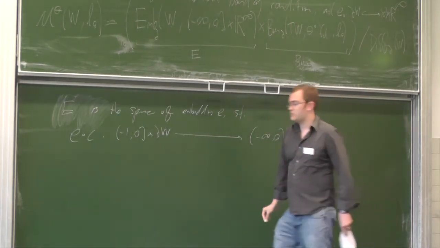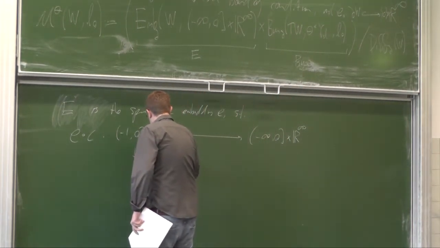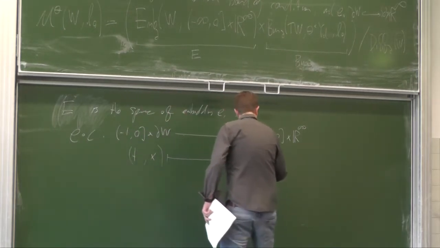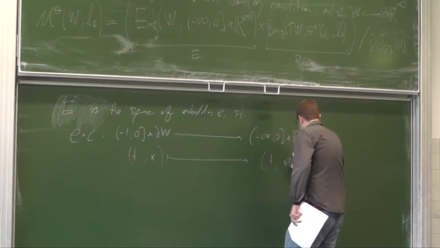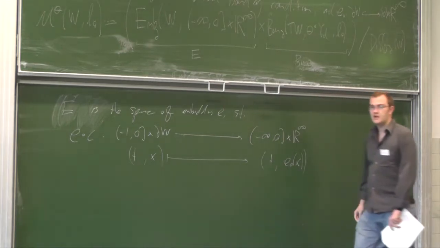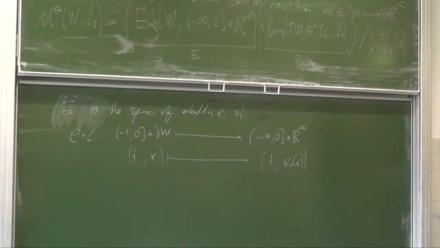And it should be of the following form: (t, x) goes to (t, e naught(x)), at least for small enough t.